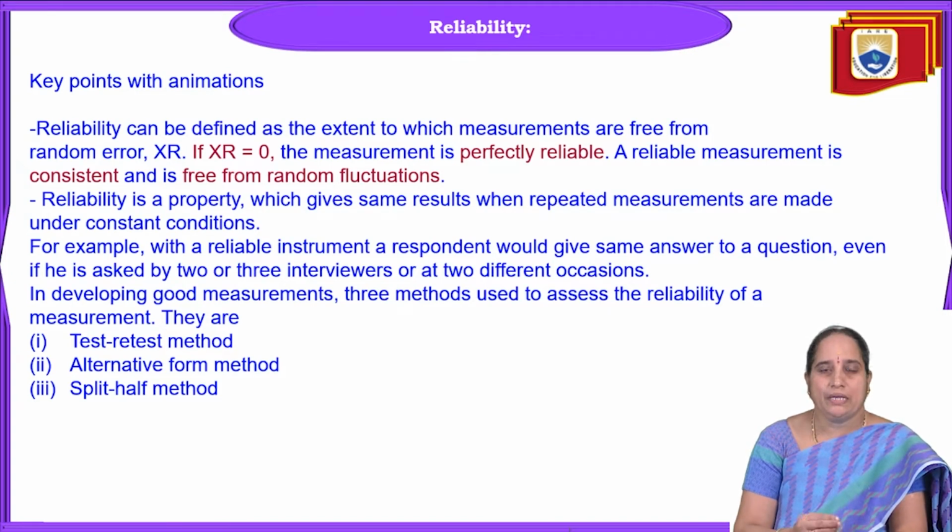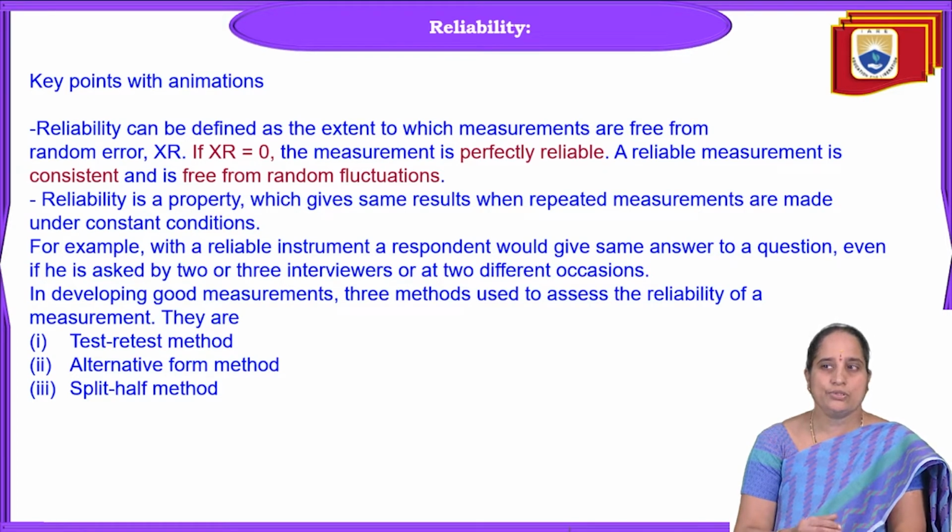What do we mean by reliability? Reliability means the extent to which the measurement is free from random error. If Xr is equal to 0, the measurement is perfectly reliable. A reliable measurement is consistent and free from random fluctuations.